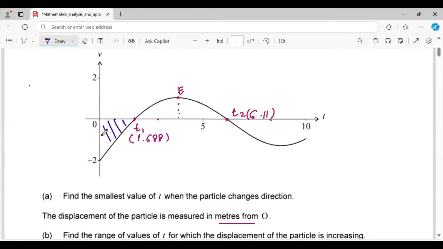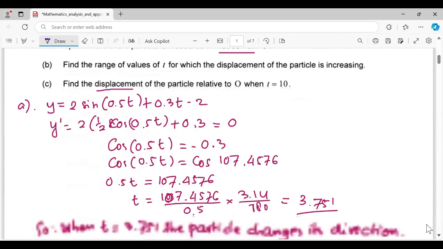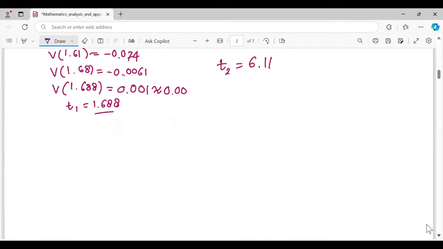That's the area. And how to calculate that? I'm going to show you through integral, that's the integral from 0 to 10. This is the displacement.